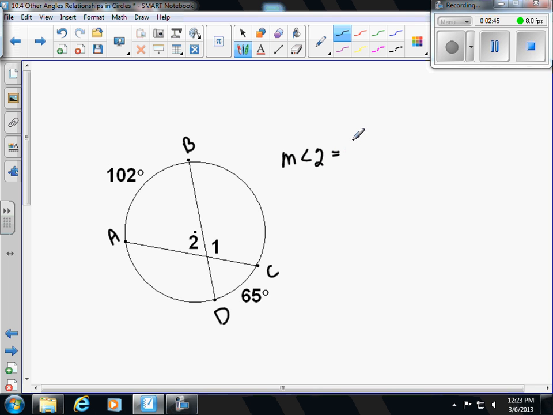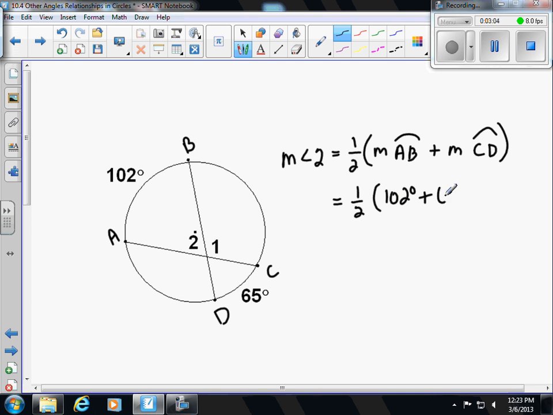The measure of angle 2 is equal to 1/2 times the measure of arc AB plus the measure of arc CD. So let's plug our numbers in. We have 1/2 times 102 degrees plus 65 degrees, which is equal to 1/2 times 167.